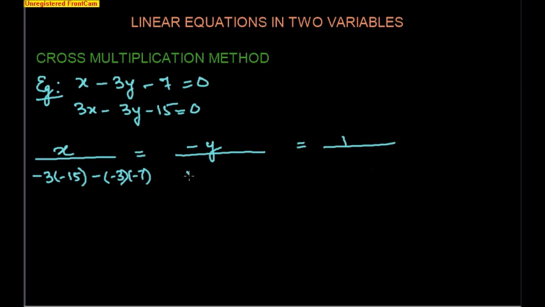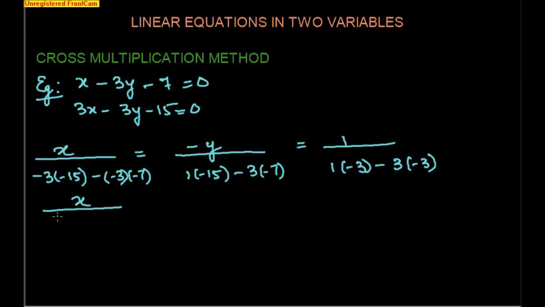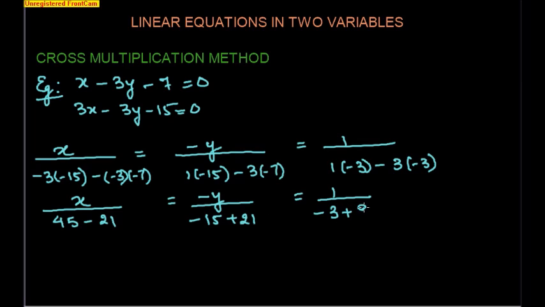Below y, I write down 1 into minus 15 minus of 3 into minus 7, and here I get now 45 minus 21, minus 15 plus 21, and here I get minus 3 plus 9.